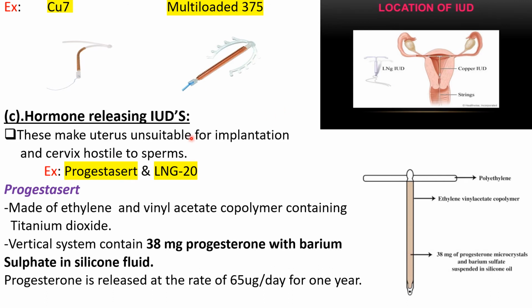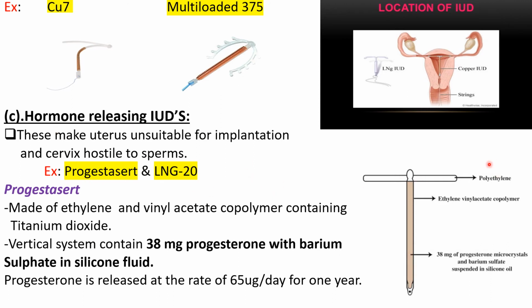Another category of IUD is hormone releasing IUDs. As the name indicates, this type of device contains certain hormones, which they slowly release into the blood constantly for a certain period of time. These make the uterus unsuitable for implantation and the cervix hostile to sperms.